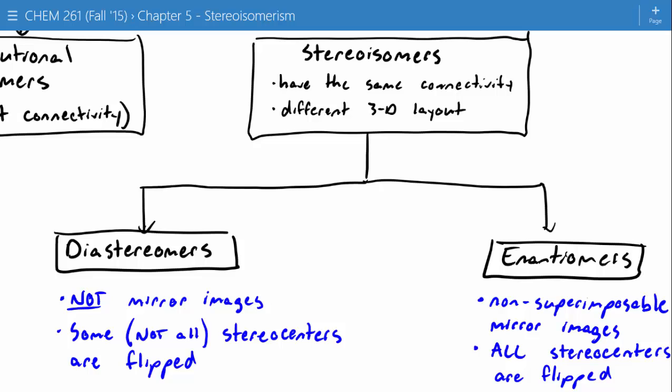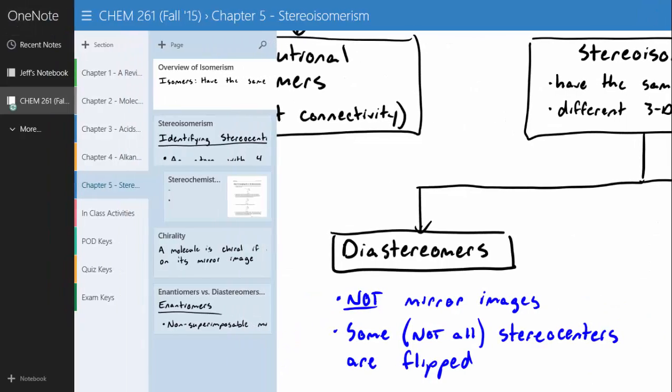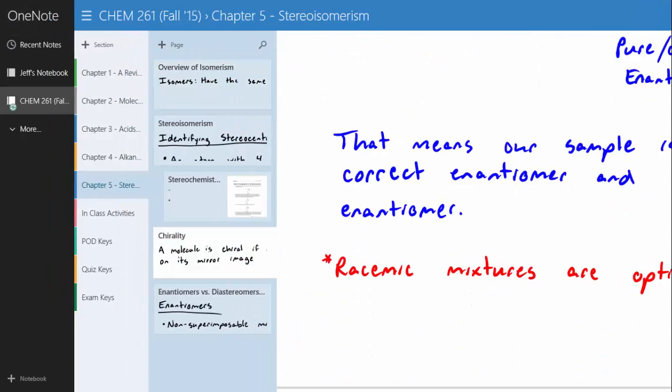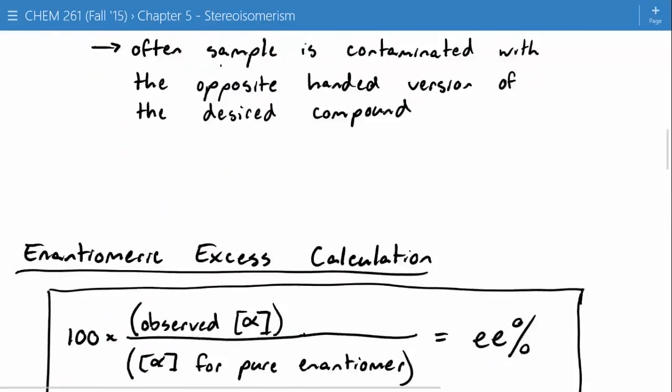What I'm primarily concerned with is you guys knowing the difference between diastereomers and enantiomers. So if I give you a pair of molecules, I might ask you, are these constitutional isomers, are they diastereomers, or are they enantiomers? Or I could say, is this compound meso, meaning are they identical? Okay, so let's go back to our chirality portion too, and I wanted to add one last thing on here.